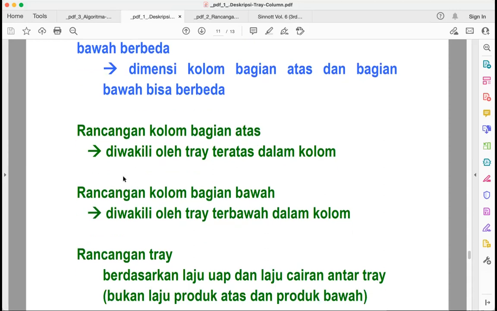The column design of the bottom part is represented by the lowest tray, because the specific gravity and all the properties will be different. So sometimes we need to calculate both the top and the bottom.